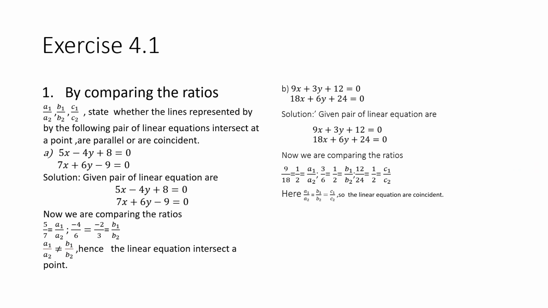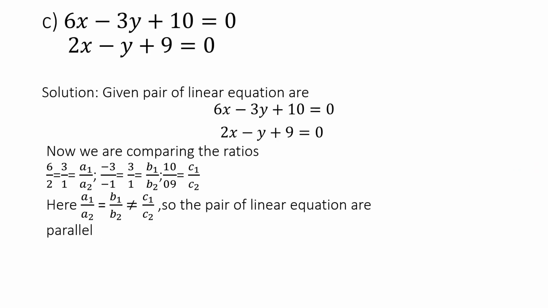Okay, so let us look at the last problem, part C, of this question. Here I am writing the given linear equations. Now I have to compare the ratios as we compared in the earlier problems. Here a1 by a2 is 6 by 2.